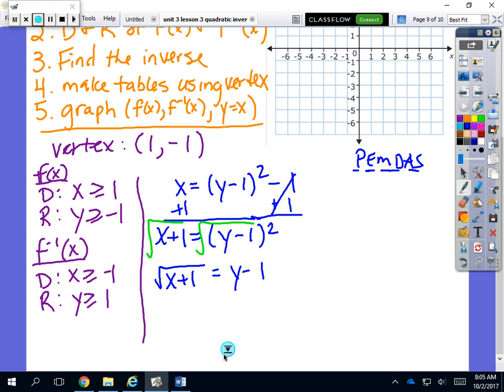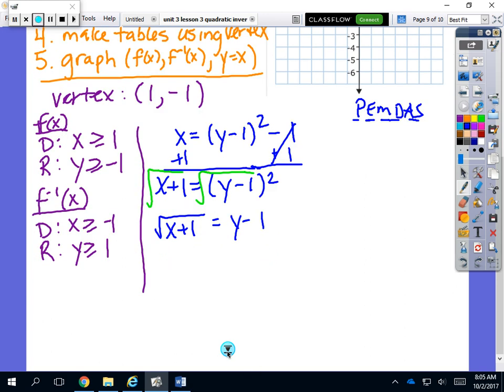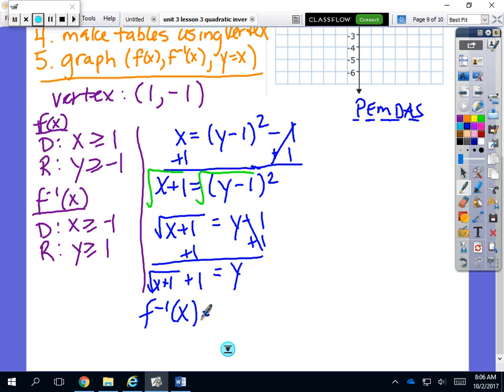Now I can undo that minus 1 by adding 1 to both sides. Since I added the 1 after I did the square root, that 1 is not going to be under the square root. That plus 1 will be outside the square root. And there is your inverse function: the square root of x plus 1, plus 1.